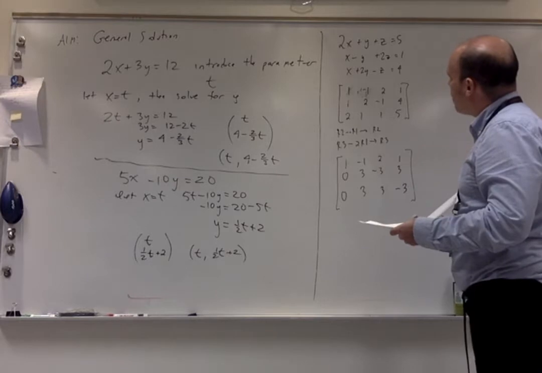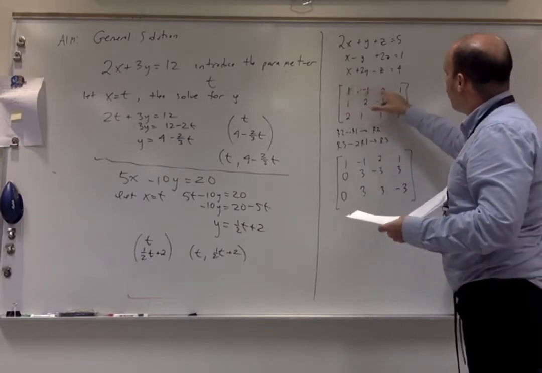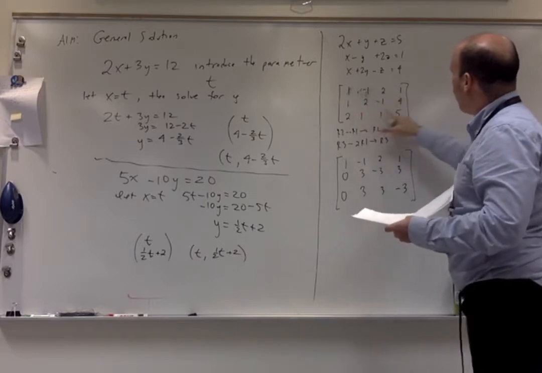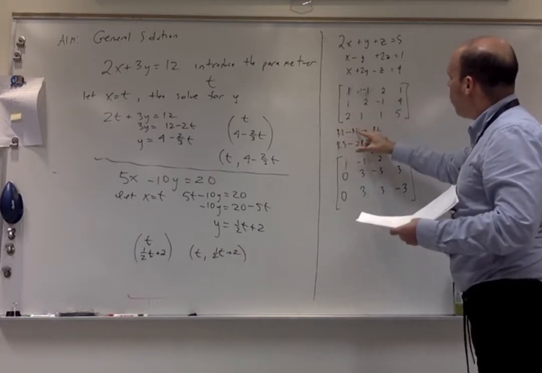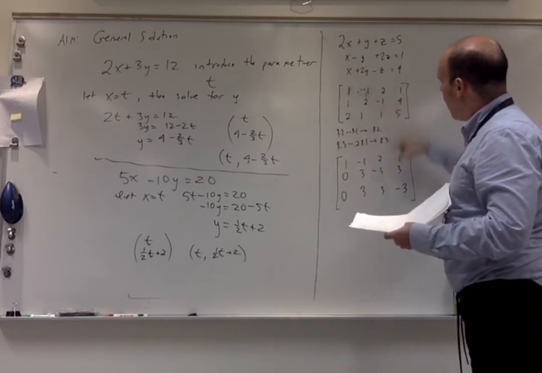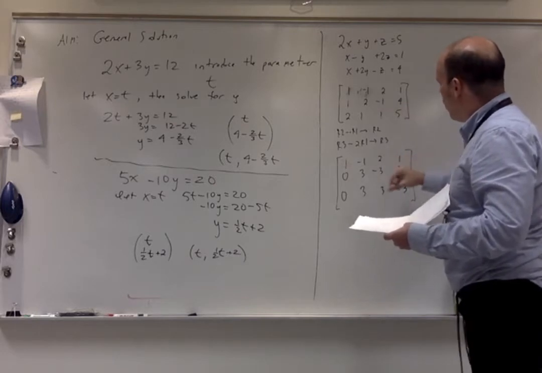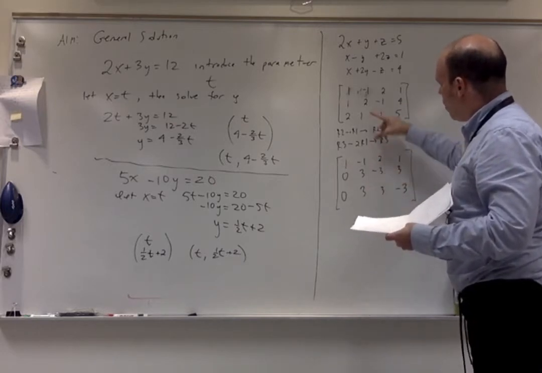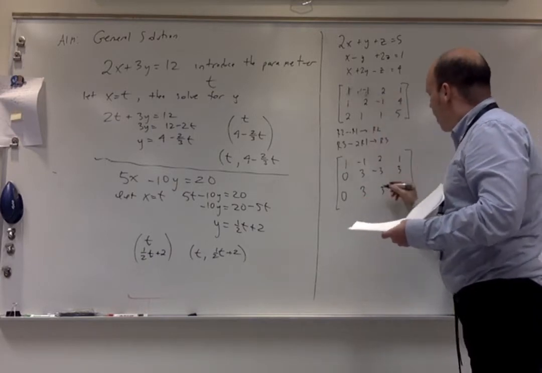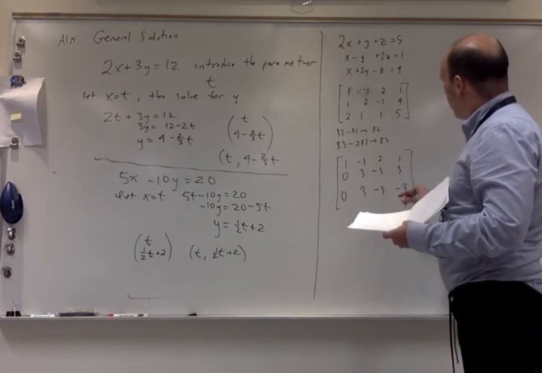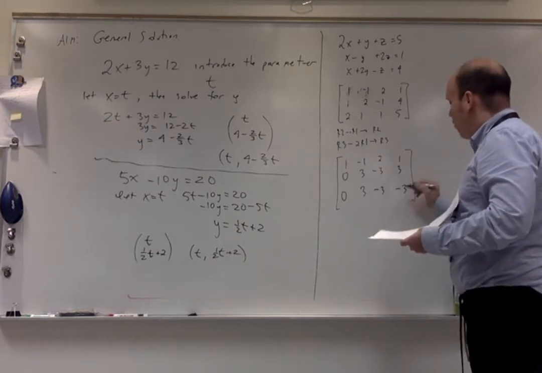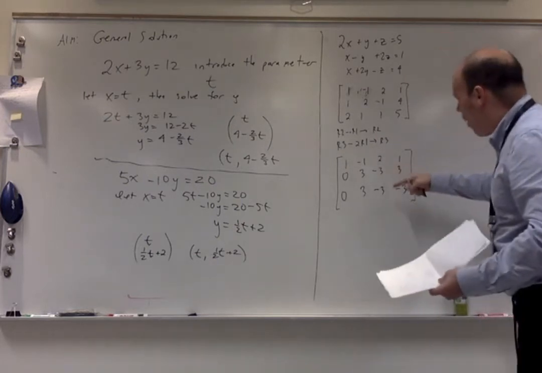Let's see where I made that mistake. 1, negative 1, 2, 1; 1, 2, negative 1, 4; 2, 1, 1, 5. R2 minus R1, so that's positive 3. 4 minus 1 is 3. 2 minus negative 1, that's 3. This is negative 3. And that's positive 3. Sorry about that. Okay, well, I'm seeing what's going on here.